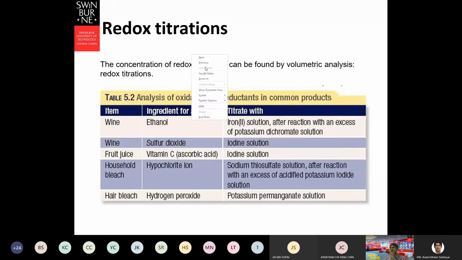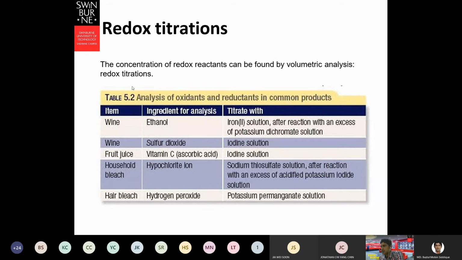Okay, so for the redox titration, we can analyze different products and find out the amount of that product, or the total amount of the ions, based on the titration, a redox reaction.